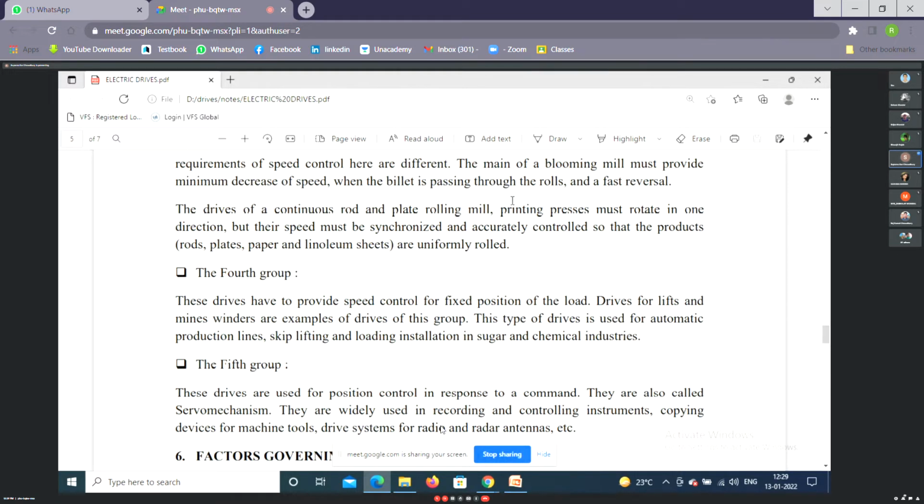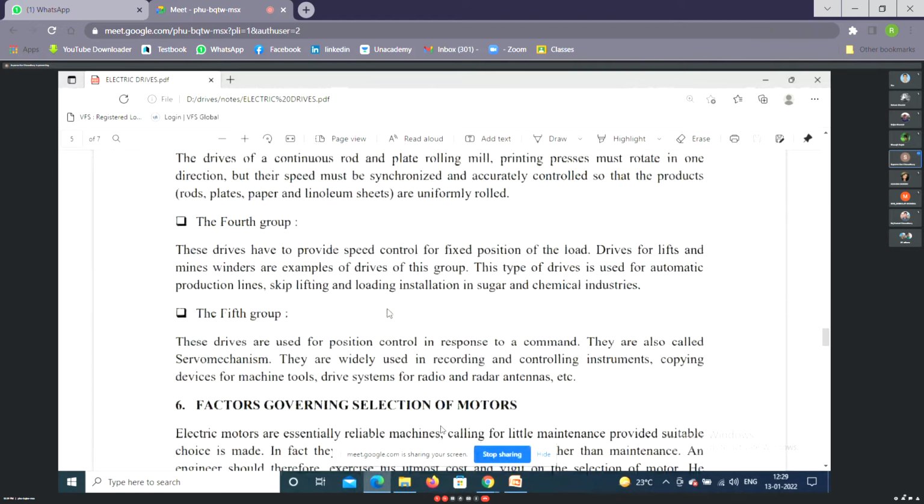So here there are a number of motors whose operation and speed have to be coordinated by the automatic control.